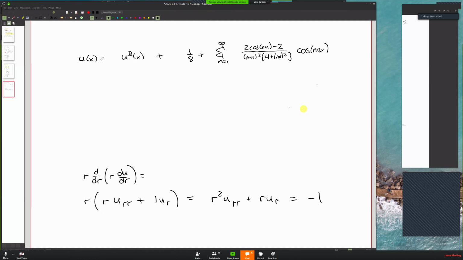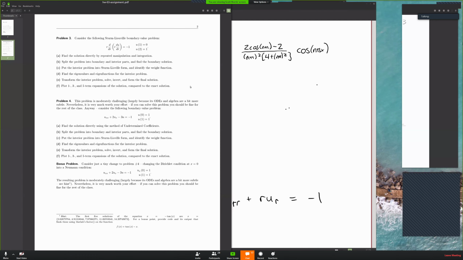So, this is a Sturm-Liouville operator, and we'll split it into boundary and interior parts. We'll solve for the boundary solution. Then the interior problem will have homogeneous Dirichlet boundary conditions, and we'll find the eigenfunctions and eigenvalues associated with that interior problem, and we'll find the transform.